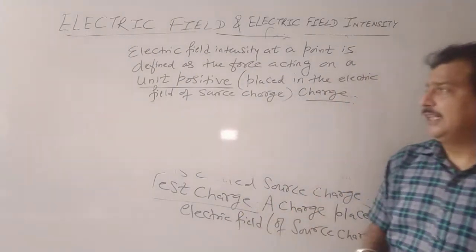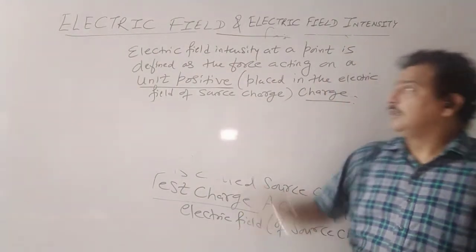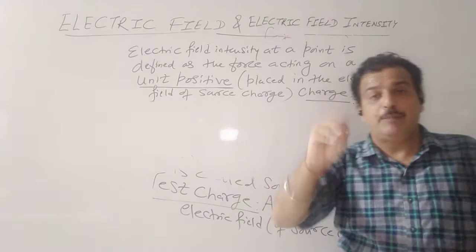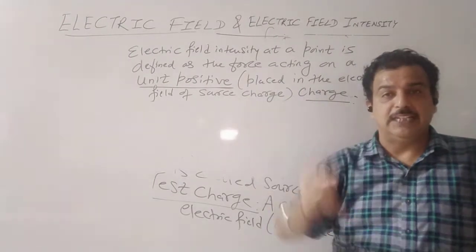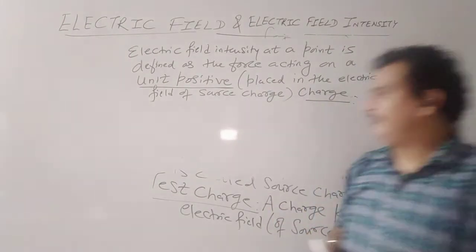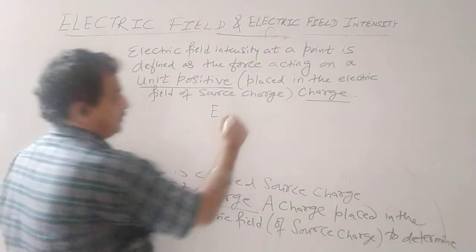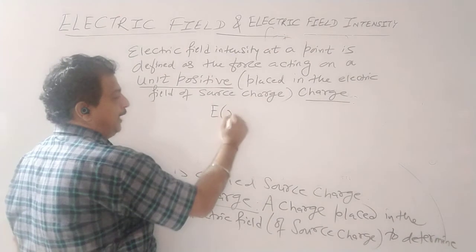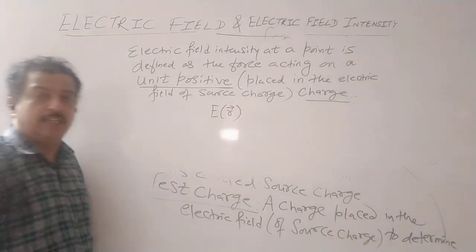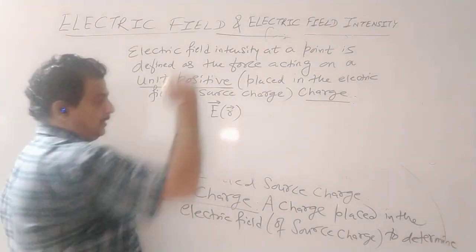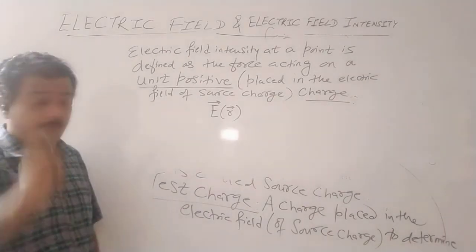If you are not taking a unit positive charge, the electric field intensity simply means the force divided by test charge. The simple definition is electric field at any point, so let that point have a position vector r vector. So E is a vector quantity because it depends on a force.